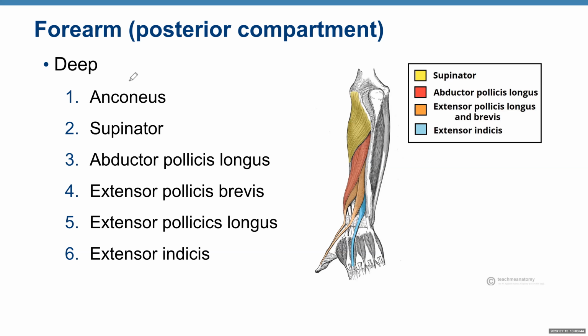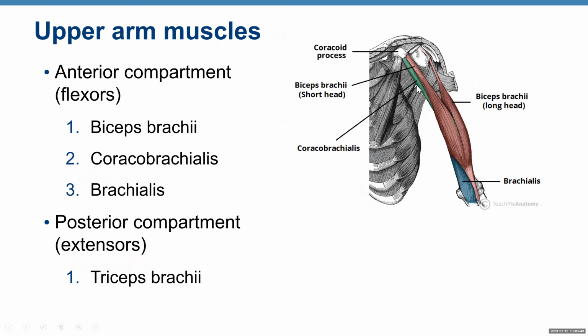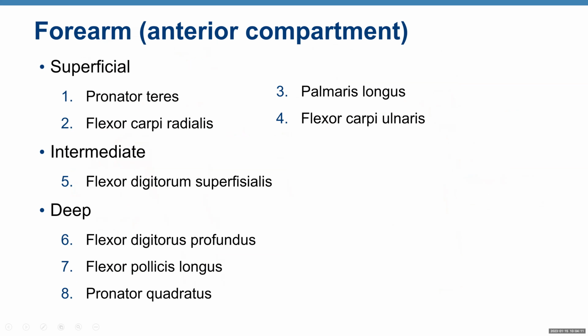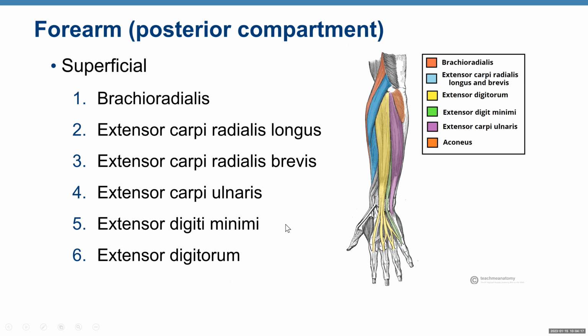So if you notice here, let's just go back. In your upper extremity, you have arm and forearm. And you have anterior compartment and posterior compartment. In the anterior compartment, you have your flexors. You flex your elbow, you flex your wrist, flex your fingers. In the posterior compartment, you have extensors, starting with triceps brachii.